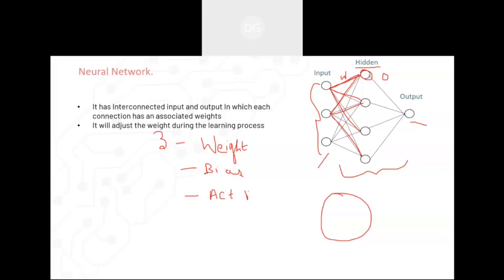In simple terms, input is coming, along with the input some weight is added, the calculation happens inside the hidden layer, and then it passes to another layer or the output layer.